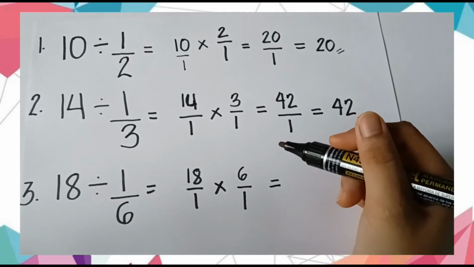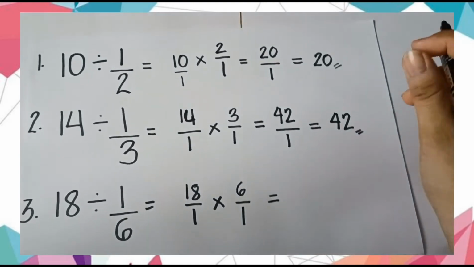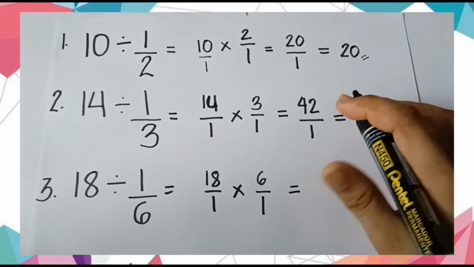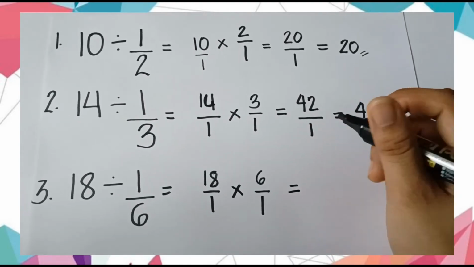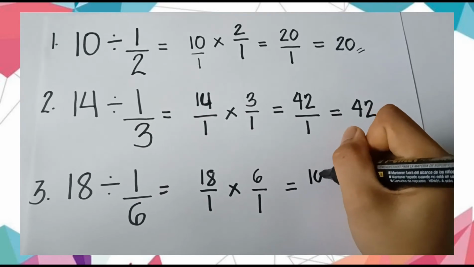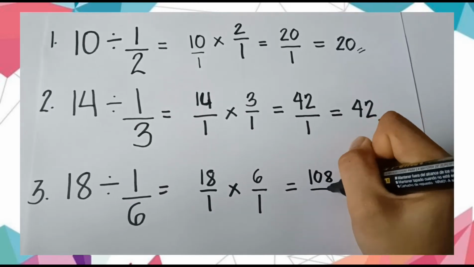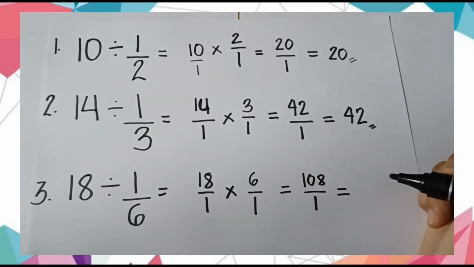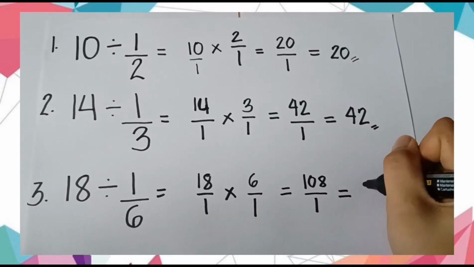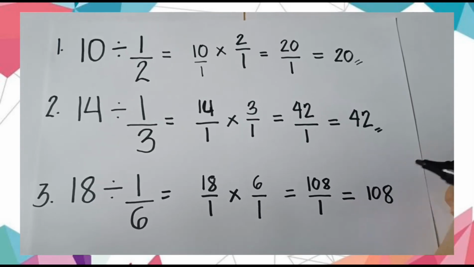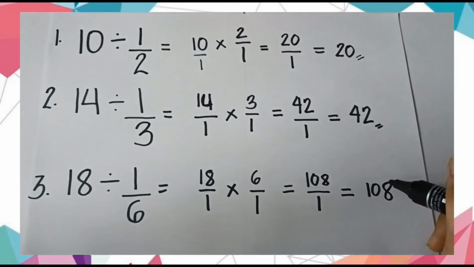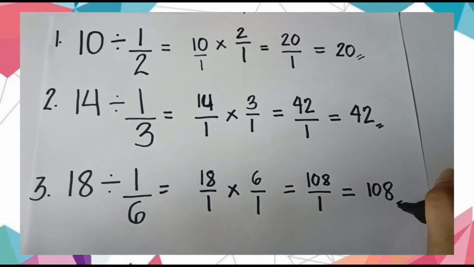So 18 times 6 is equal to 108, all over 1 times 1, which is equal to 1. Simplifying our answer, 108 divided by 1 is equal to 108. So 18 divided by 1/6, the answer is 108.